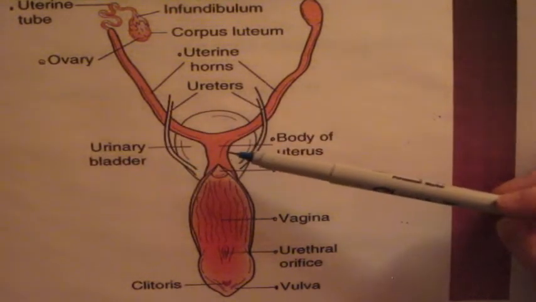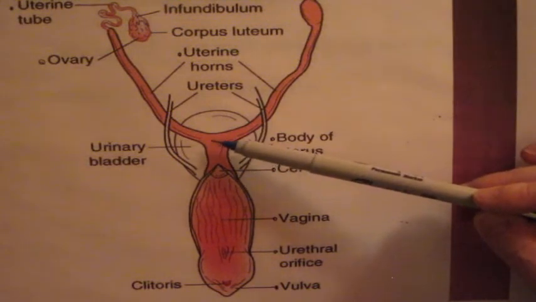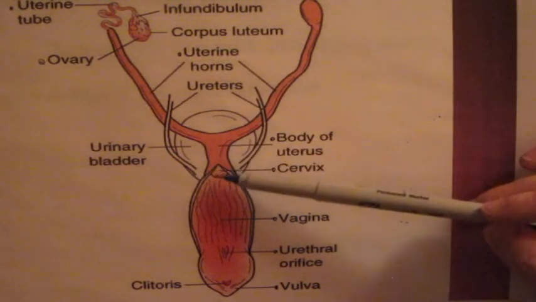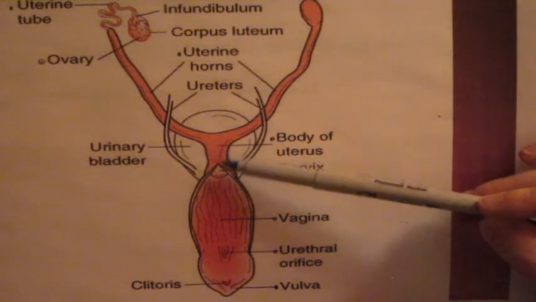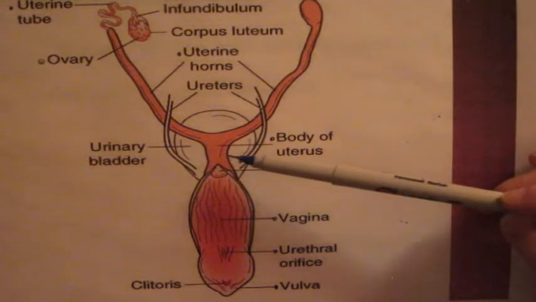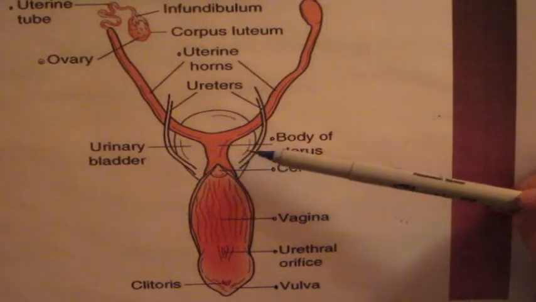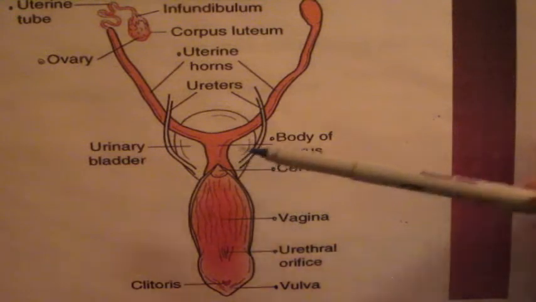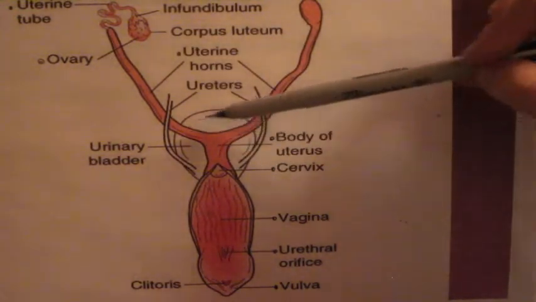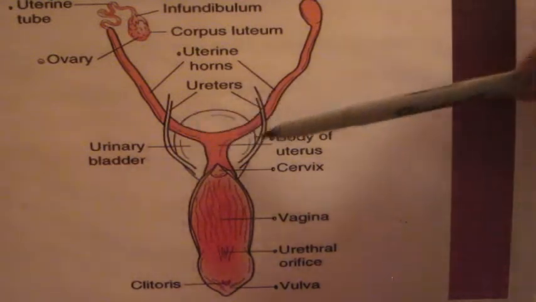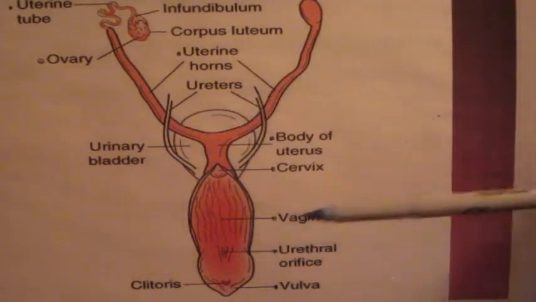So in the dog and the cat, when they're laying on their back, you can see that we've got the uterus and we've got a bladder following behind. Actually, that's reversed, sorry. Anyways, when they're laying on their back, their uterus lies on top of their bladder.